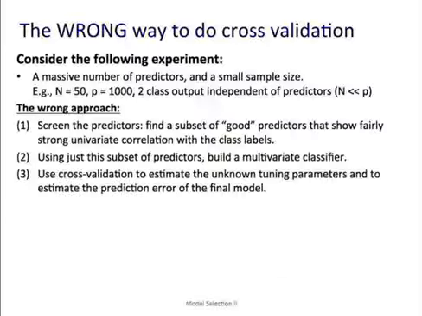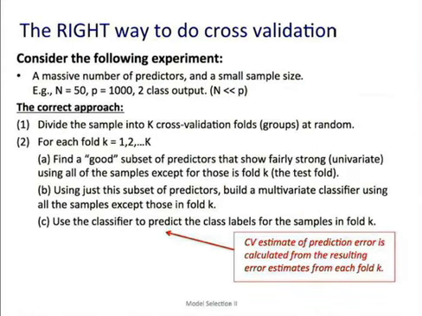Now, in other words, we've already divided into folds. We could do some things. I have here univariate, meaning going predictor by predictor. I mean, you could do some other things. I'm not saying there are not lots of ways to do filtering.